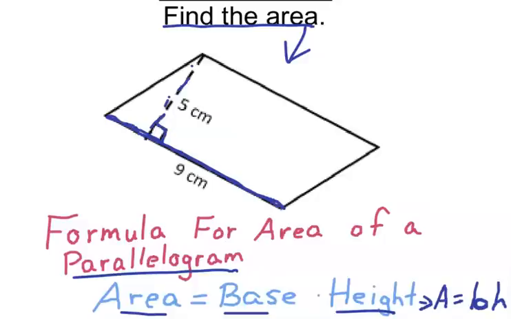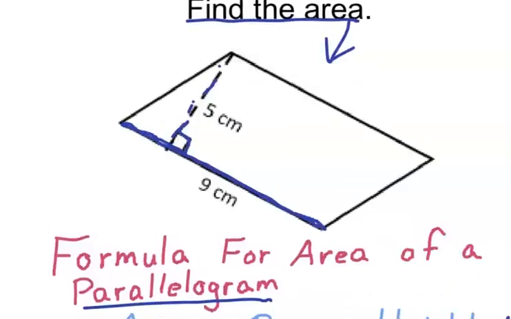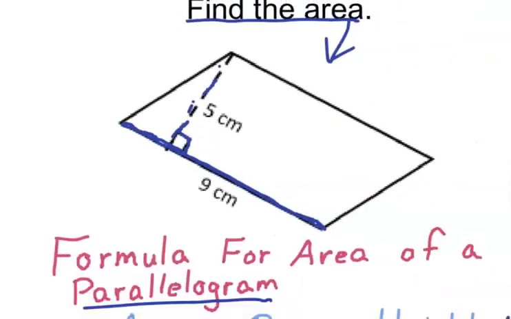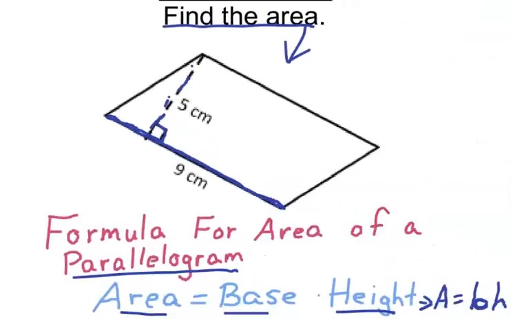So this one on the left side cannot be the height, and the one angled on the right side also cannot be the height. The one right here at 90 degrees, that would be the height.